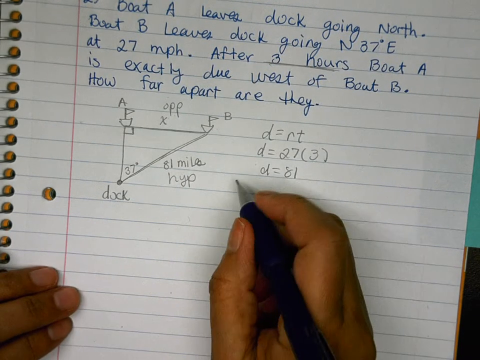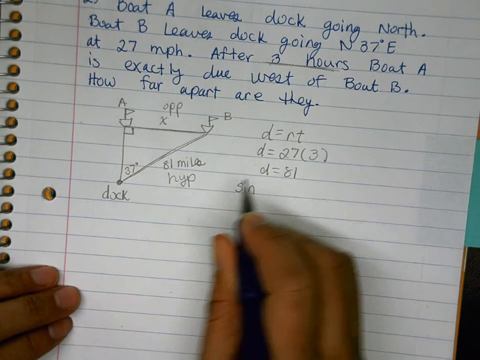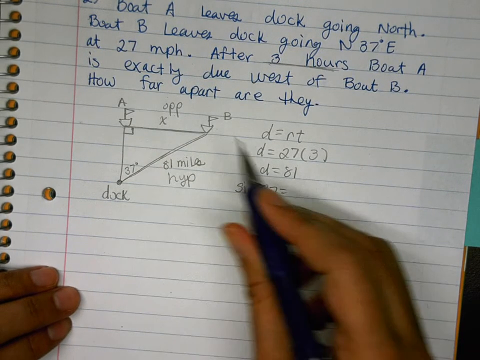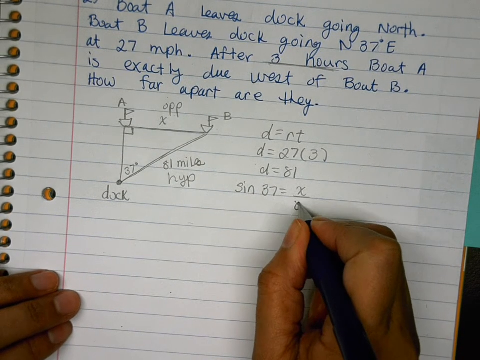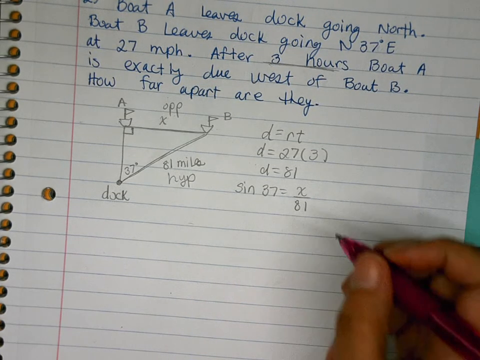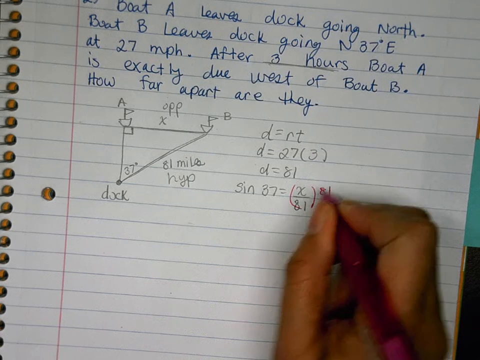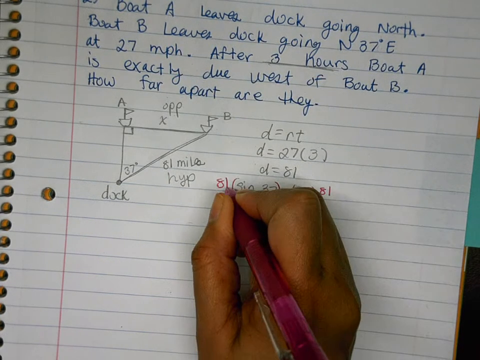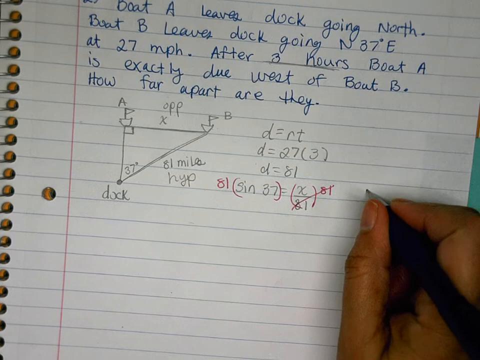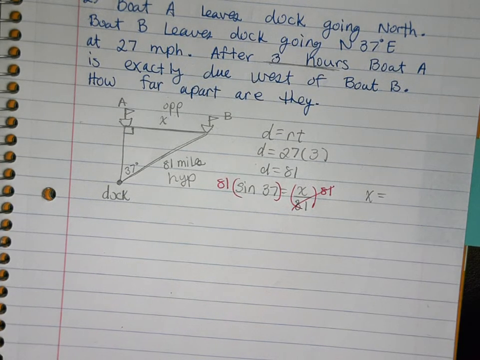Sine. So sine of 37 equals x over 81. Multiply both sides by what? 81. And now you're ready to plug it in your calculator, and you are done. Three decimal places.